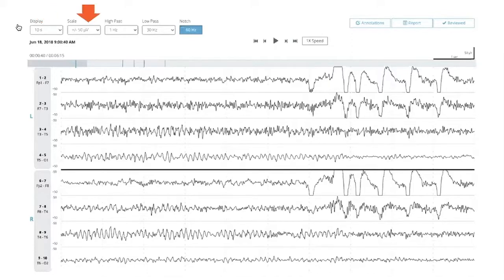And then the second thing is the scaling of the waves. So this scaling means how much basically of the ink you are using per millimeter of space. In conventional EEG machines, they have just followed the same trend from the time of paper and ink. When we had EEGs on paper, we had only one size of paper, and the pen knew how much to go up and down based on how many millivolts it was recording.